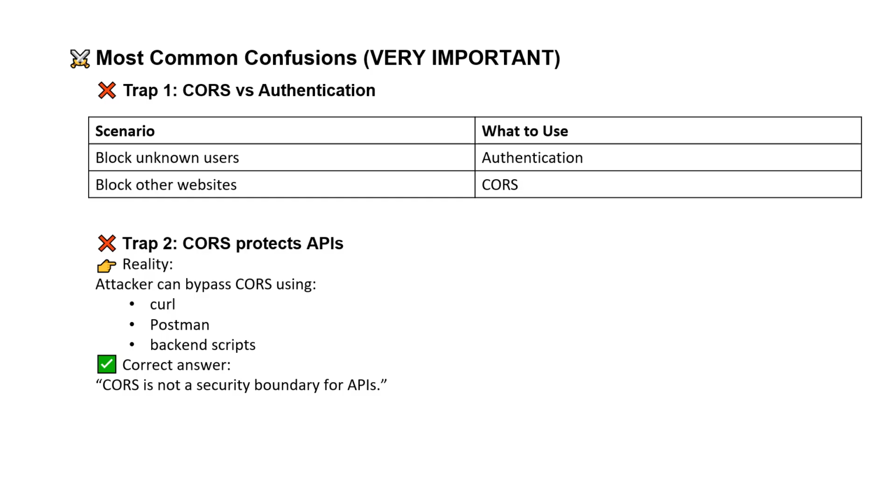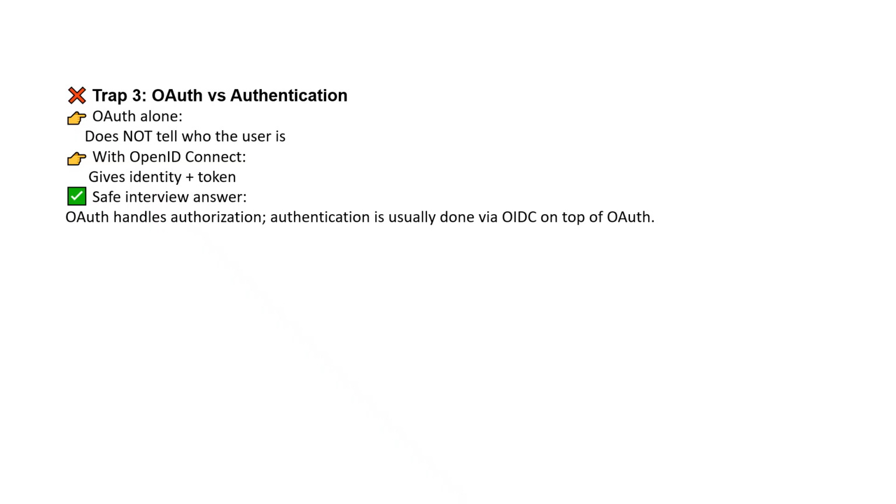So the correct understanding is CORS is not a security boundary for APIs; it applies to the web page in the browser. Then OAuth versus authentication. OAuth alone does not tell who the user actually is. With OpenID Connect, it gives us identity plus token. So a safe interview answer is OAuth handles authorization, and authentication is done via OIDC on top of OAuth.